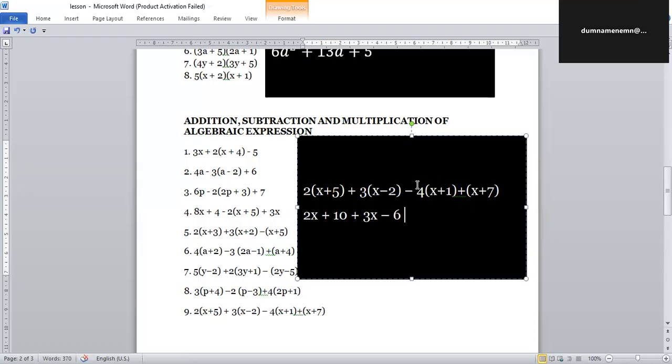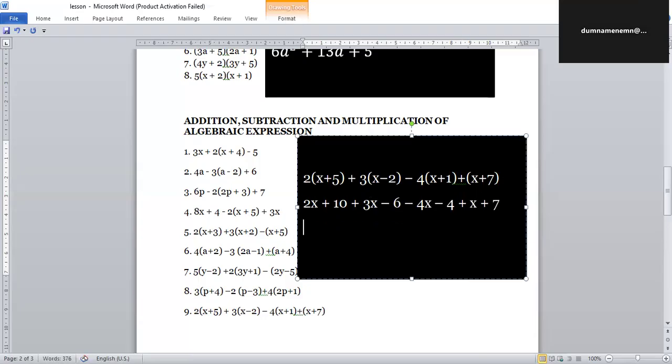We are done. Negative 4 multiply x, you have negative 4x. Negative 4 multiply 1, you're going to have negative 4, plus. Now, you can see there's actually no number here, but always know that there is 1 here. So 1 multiply everything is going to still be that thing. So we're going to get x plus 7 back.